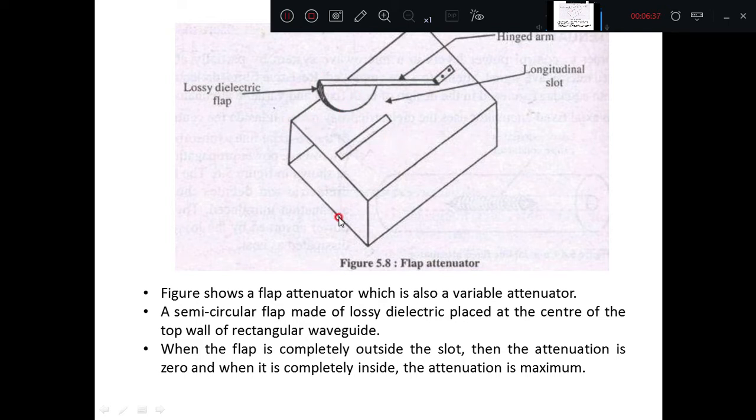Please remember, whenever the flap is completely outside the slot, the attenuation is 0, and when it is completely inside, the attenuation is maximum.